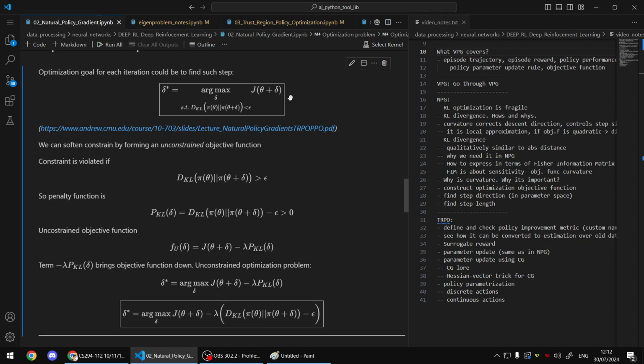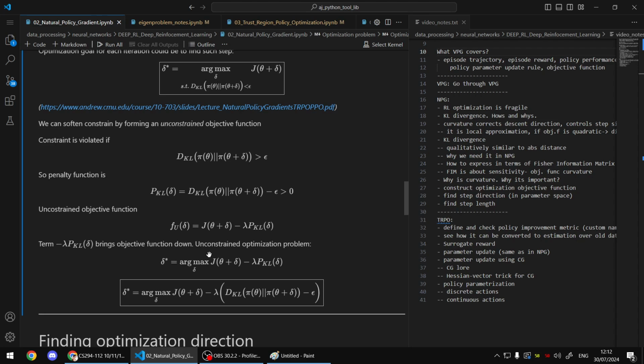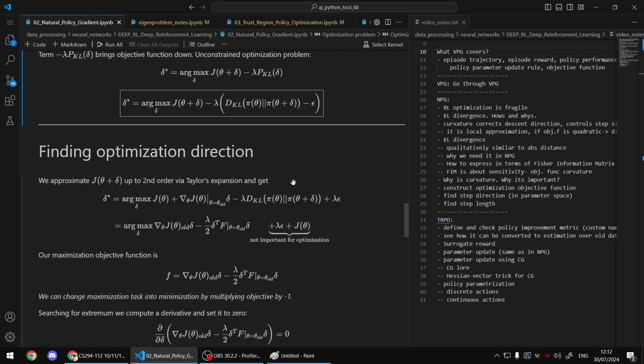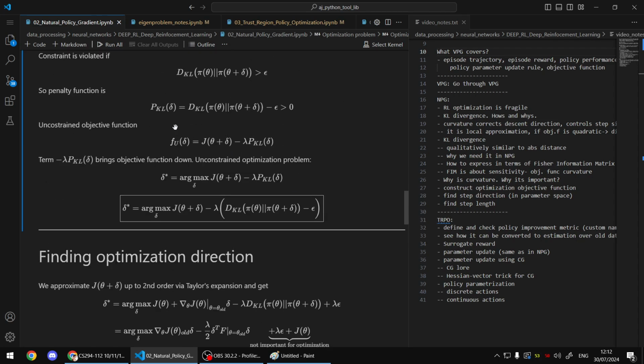It's a hard, strong constraint, so we replaced it with a soft constraint, making an unconstrained optimization where we created a penalty using this KL divergence together with the objective function.